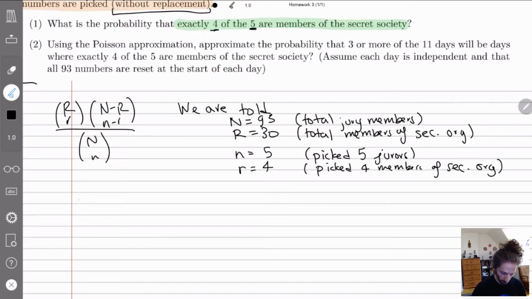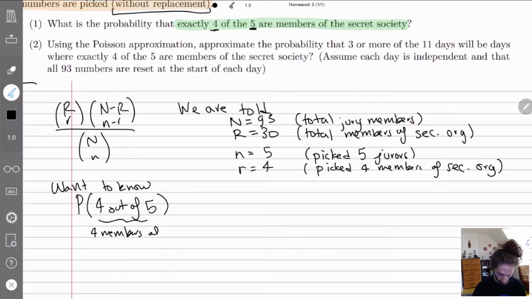So we want to know the probability that 4 out of 5 jurors are members of the secret organization.